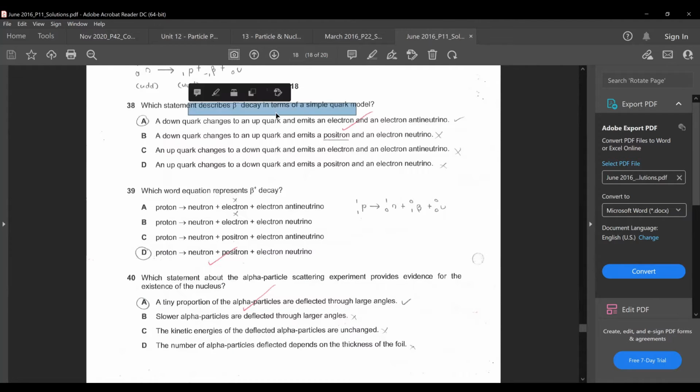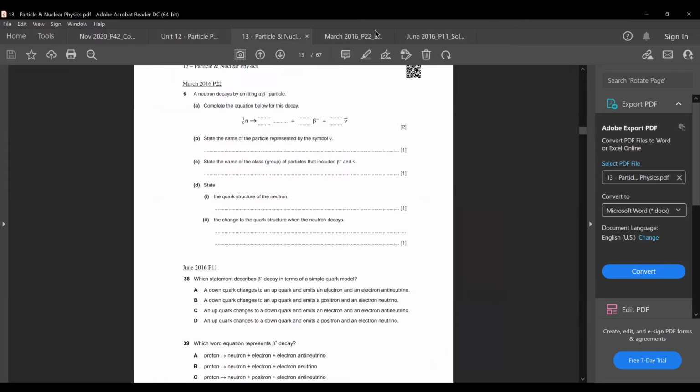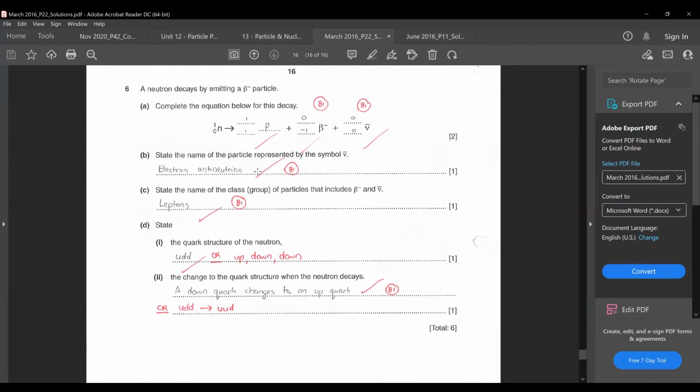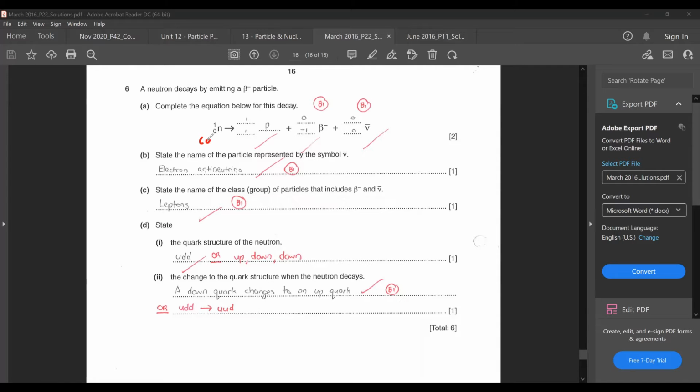Okay, just now we did this already, so your beta minus decay was basically this one. You can actually refer to the top part of your question just now. This one is talking about beta minus decay, right? Up, down, down changes to up, up, down, a down quark changes to an up quark, right?